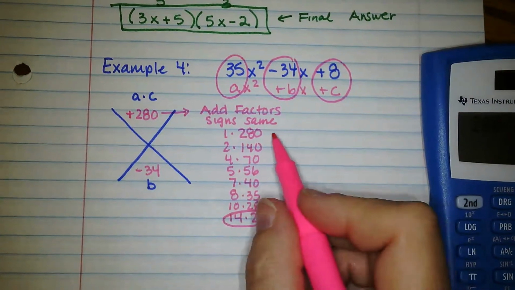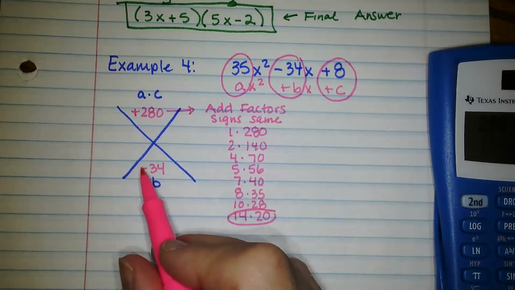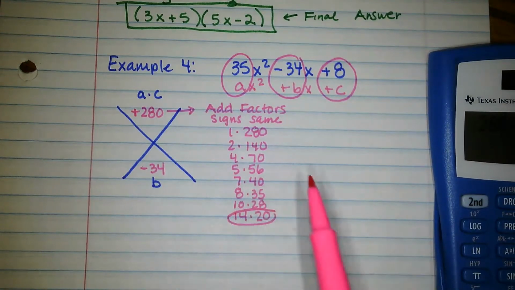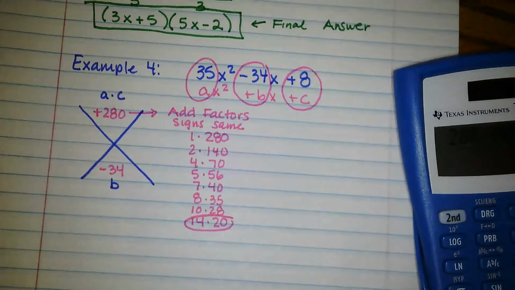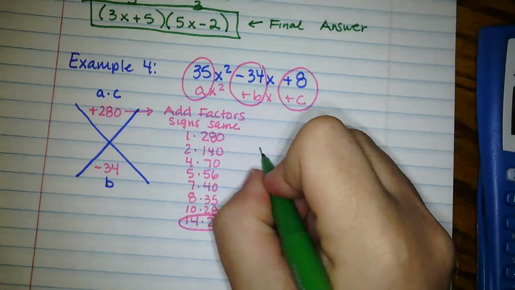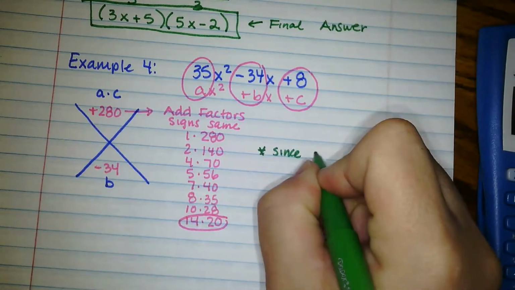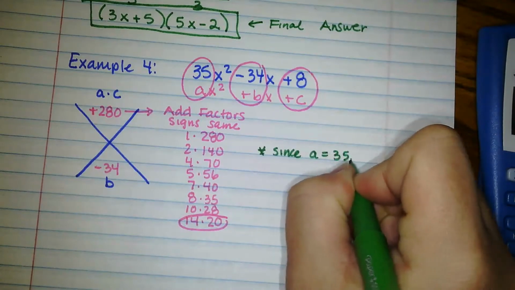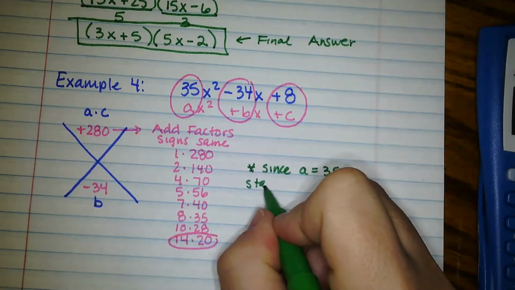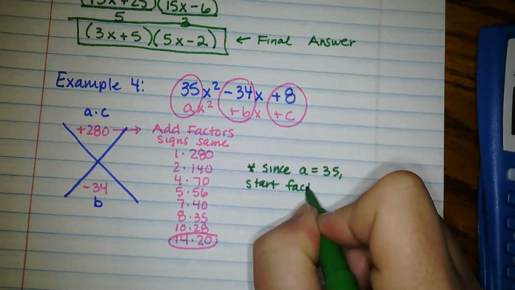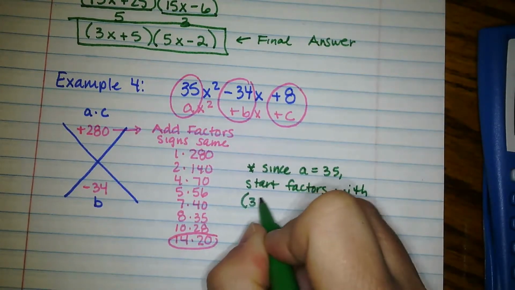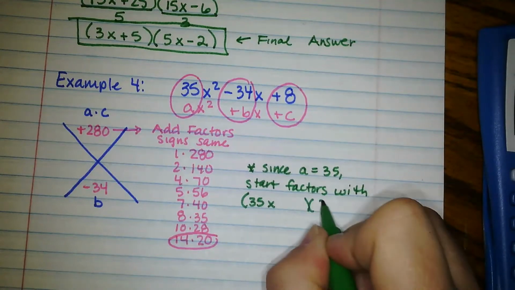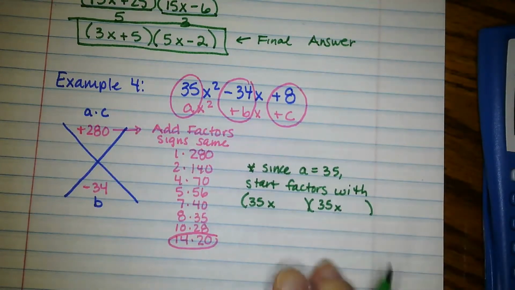Okay? And because the signs are the same and that has to be negative, we know it's going to be a minus minus. But don't forget that because A is 35, we need to start the factors with 35x in each parenthesis, just like we did on the other ones.